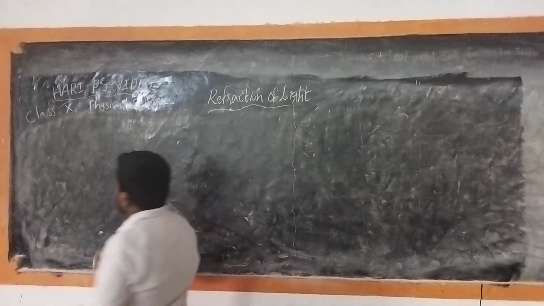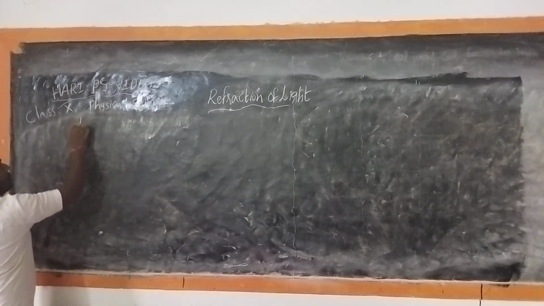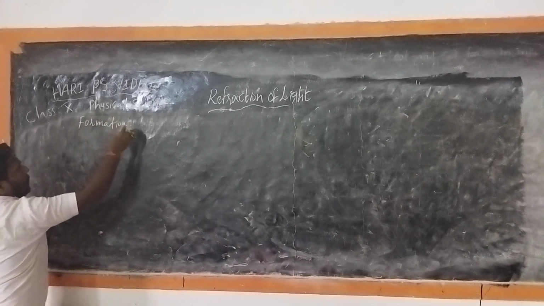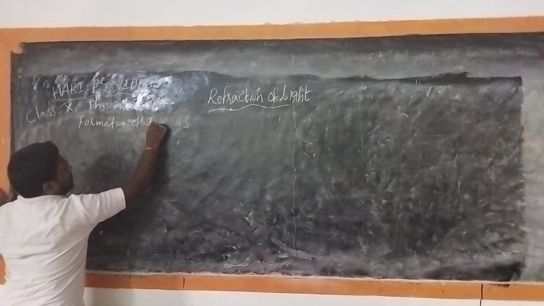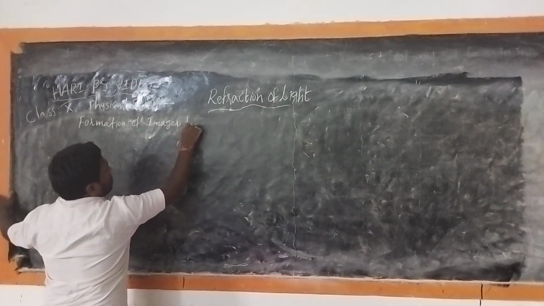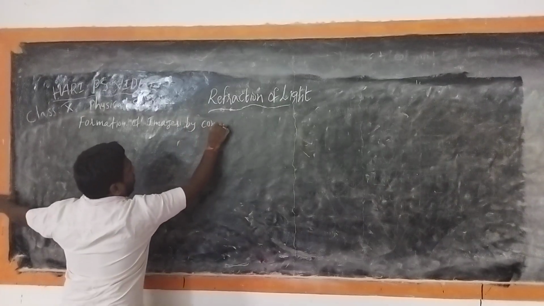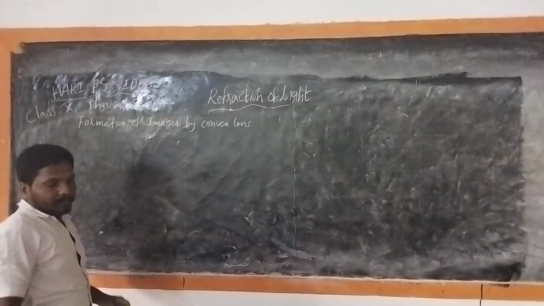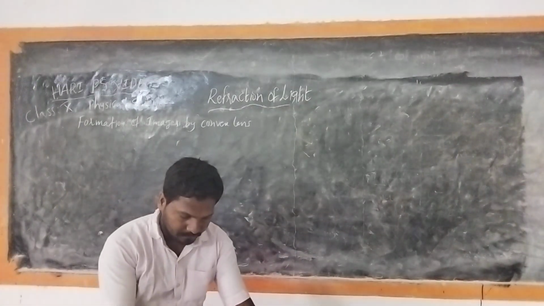Formation of different types of images. Formation of images by convex lens at different positions.